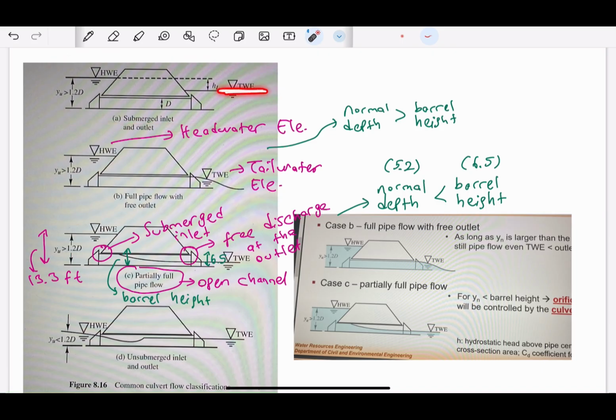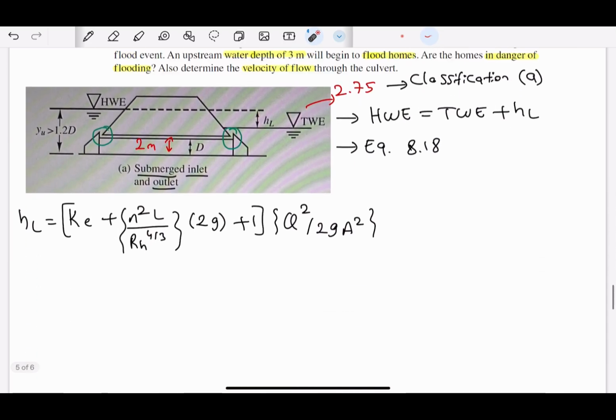So here, as you can see, we have 2.75 and we have 2. So we can see that this flow classification is A. So we have 2.75 tailwater, and we have 2 meters barrel height or hydraulic diameter. And also, as it is clear from this figure, the high water elevation is equal to head loss plus tailwater elevation.